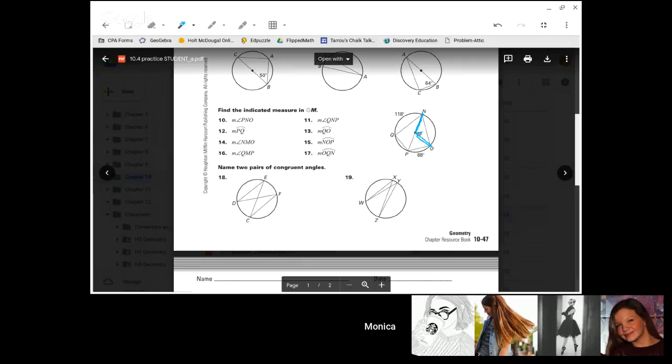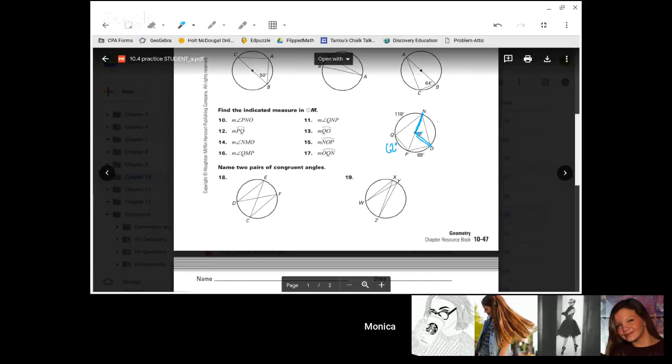So do you have a measure for QP yet? Okay. Now, do you have a measure for NO or can you calculate a measure for NO?